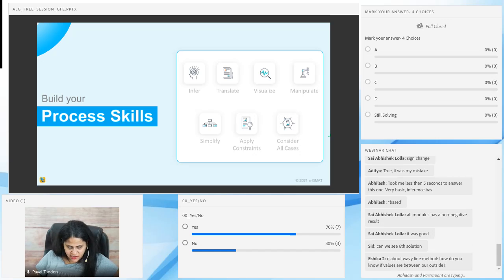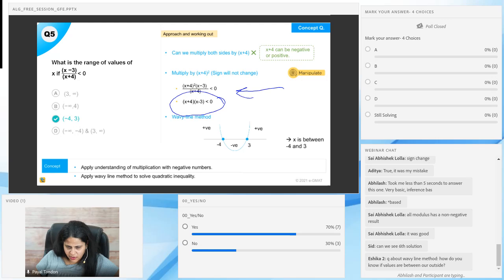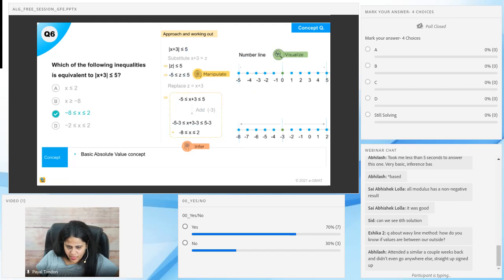Can we see the sixth solution? So Ishika, how do you know if the values are before or after? Okay, one second. Sid, here is the solution for the sixth question.